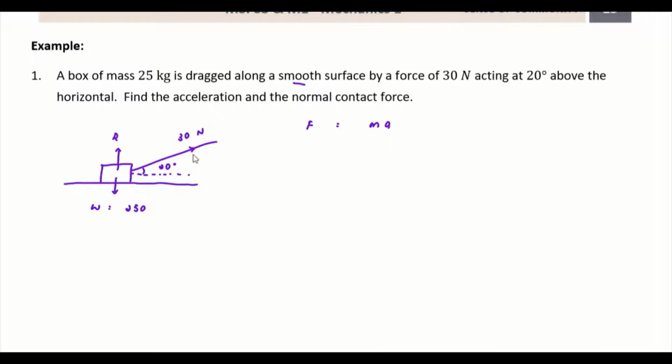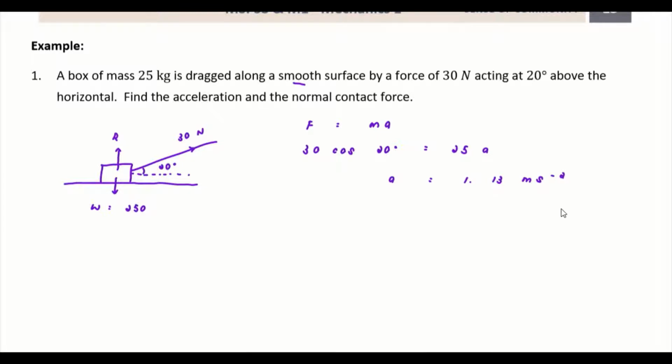When we resolve it, we get 30 cos 20, because this line is touching the angle, so it's cos. So 30 cos 20 equals the mass, 25 kg, times the acceleration we want to find. Using your calculator, you will get 1.13 meters per second squared.